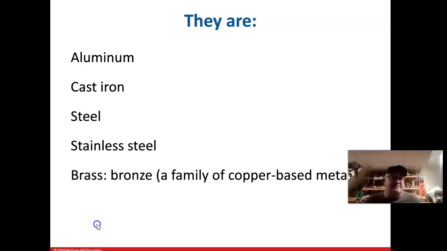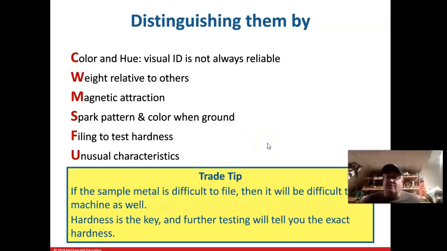So we'll talk about these 5 different materials. One of the ways the textbook refers to this, and you will get used to it, is a mnemonic: C, W, M, S, F, and U. That's color and hue, weight, magnetic attraction, spark pattern, and spark color when it's ground, a filing method to test for hardness, and then any other unusual characteristics.